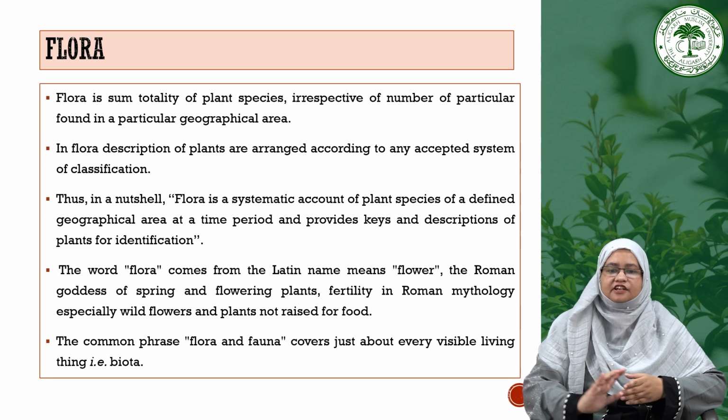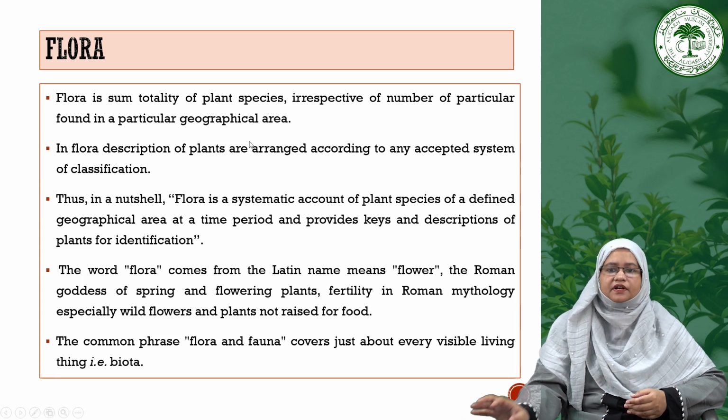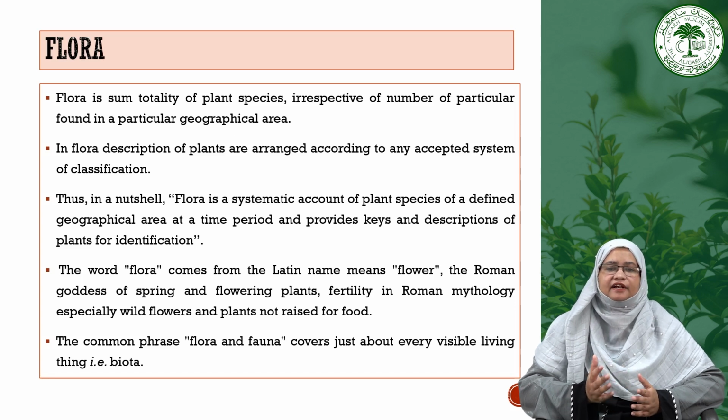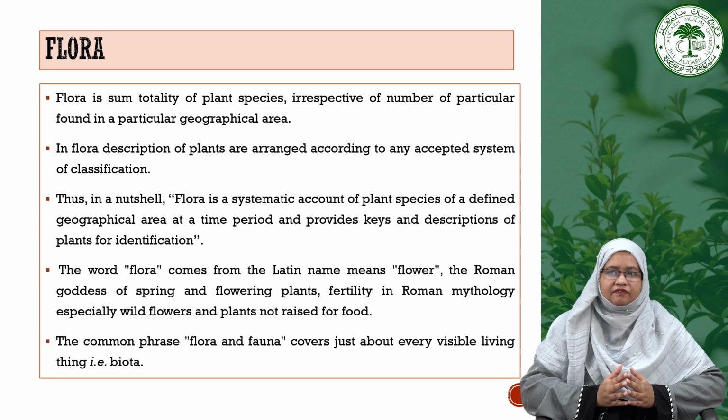In a flora, descriptions of plants are arranged according to an accepted system of classification, and it is important to know that in every country there is a particular system of classification which has to be followed.